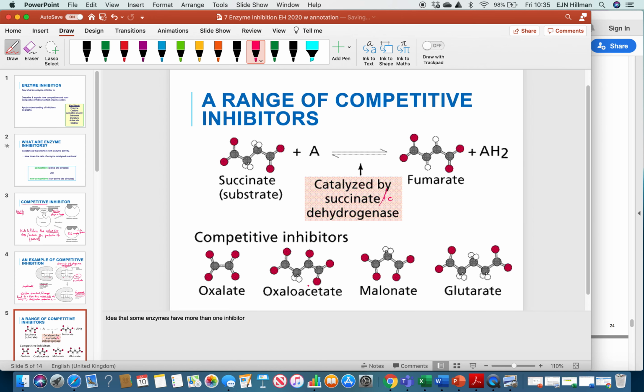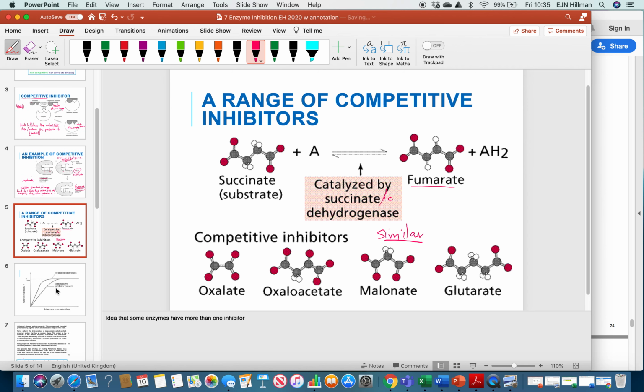But also, we can see that these other molecules, which have similar structure and similar charge, are also able to compete with the substrate for the active site. They bind to and block the active site, which prevents the formation or slows down the formation of the product, fumarate.